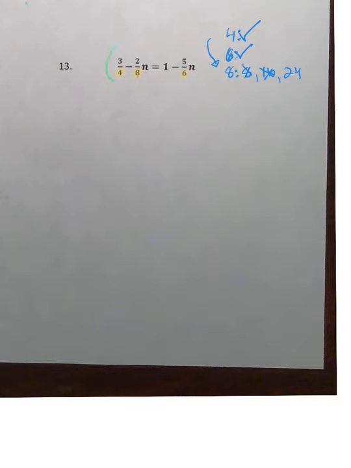So we're going to multiply this entire equation by 24, multiplying 24 to every single term. Remember, every term has to be multiplied, right? So we're going to multiply 24 times 3/4, 24 times 2/8 n, 24 times 1, and 24 times negative 5/6 n, because that is our LCM in this problem. So let's show what we're going to do. 24 needs to be multiplied to 3/4, and there's a subtraction, so I'm recopying the subtraction.